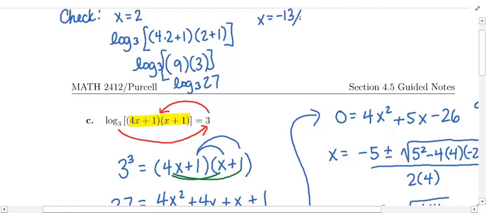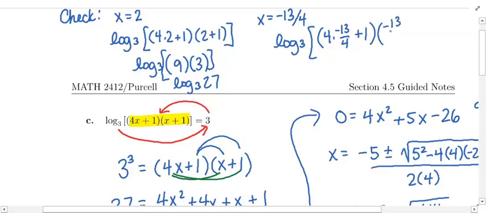Let's check the other potential solution. This time the x value is negative. So let's check. Plug it in for x. Log base 3 of 4 times negative 13 fourths plus 1 times negative 13 fourths plus 1. Let's see what happens if we simplify.